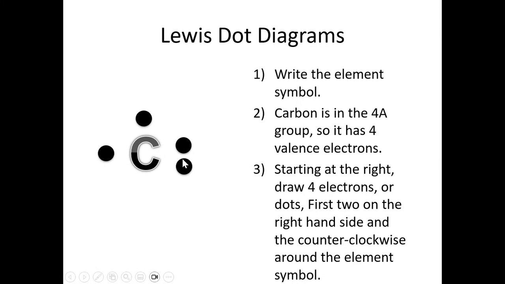The first 2 have to go on the right-hand side on top of one another. 1, 2. Then after that, you go around counterclockwise, and you put 1 on top, 1 on the side, and then if there was a 5th one, it would be 1 on the bottom. This is a Lewis dot diagram. It's a symbol, the letter C, with 4 dots around it.